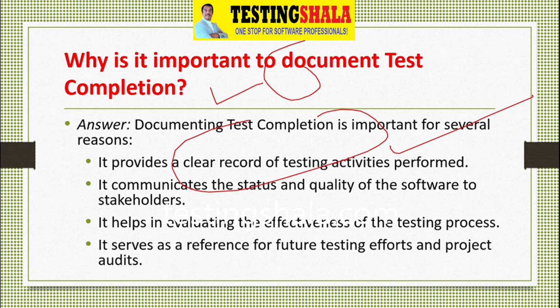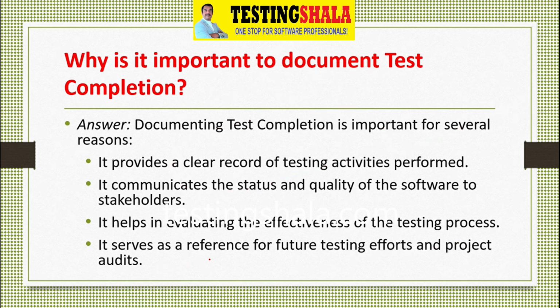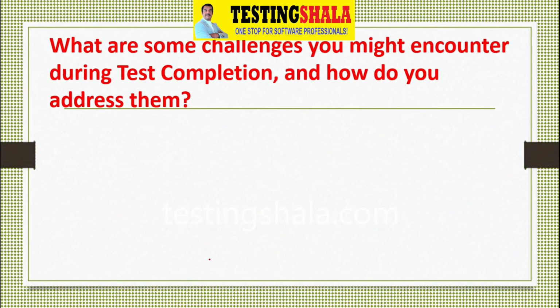And this document also gives us a reference in order to do any future testing efforts or audits. If you want to do them, these documents really help us to do the right things in our projects.